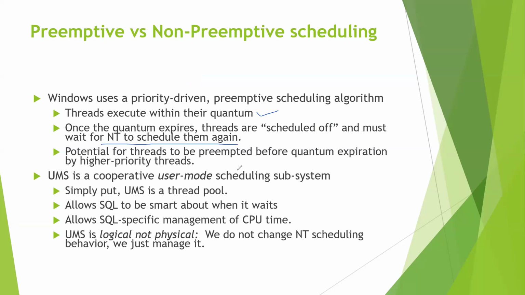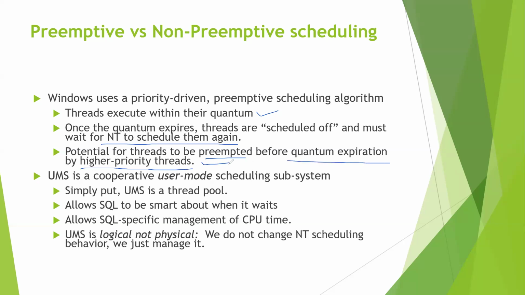NT is nothing but the Windows kernel, right? So that will be in the kernel only again, right? It will not go back to the SQL. It will stay in the kernel only, once the thread has completed its 4 millisecond quantum, right? Potential for threads to be preempted before quantum expires by high priority threads.